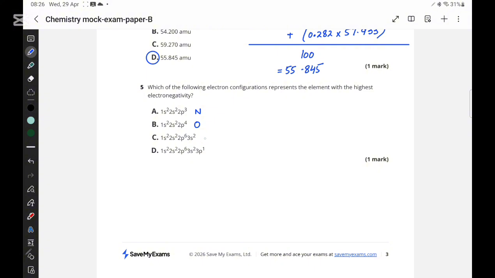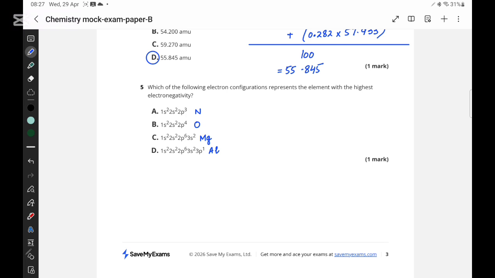And then we have 4 plus 6, 10, and 12, so this is going to be 8 plus, yes, so that's going to be magnesium. And then we have 4 plus 6 is 10, and 10 plus 3, that is 13, so it's going to be aluminium.